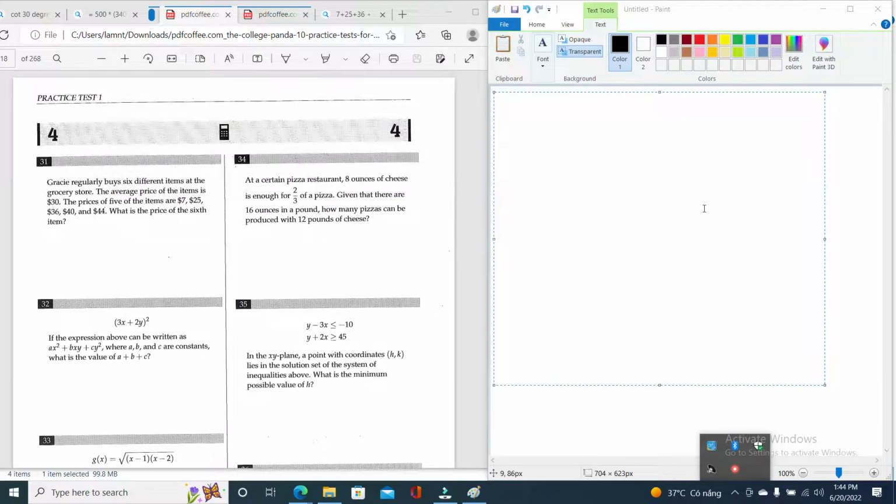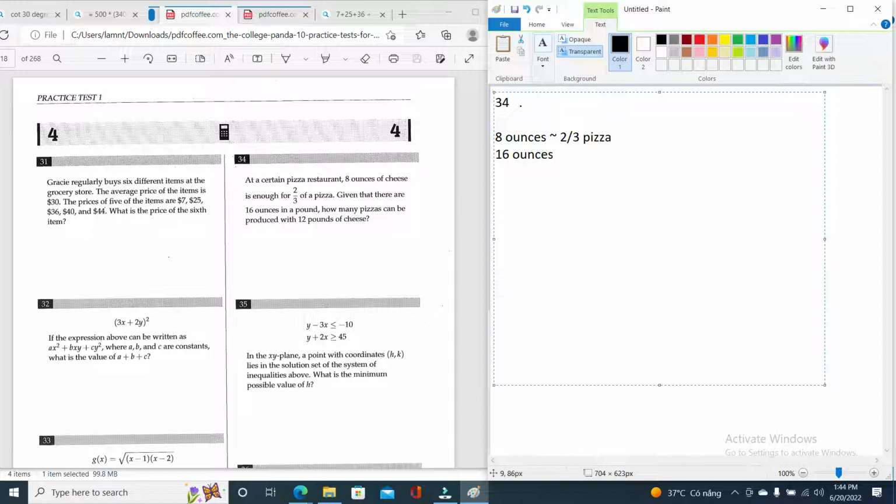Okay, so 34. 8 hours is enough for 2 pizzas. There are 16 ounces in a pound, so 16 ounces is 1 pound, which is equivalent to 4/3 pizza.